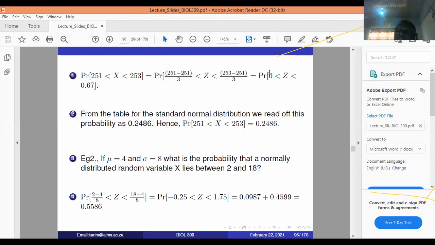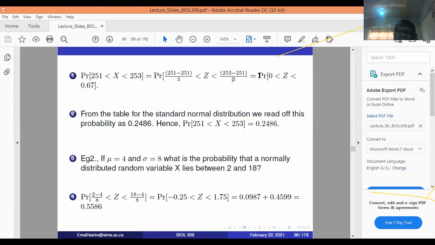So Z is greater than 0, but less than 253 minus 251 divided by 3, and that is going to give us 0.67. So we have 0 here, and then also we have 0.67.